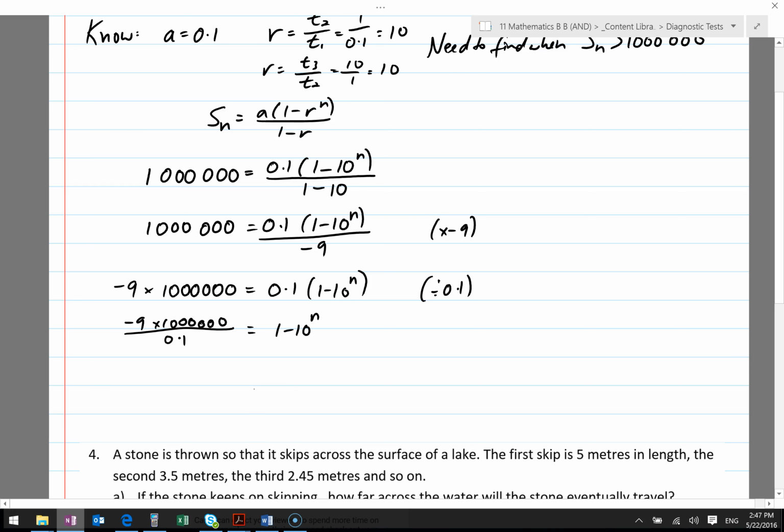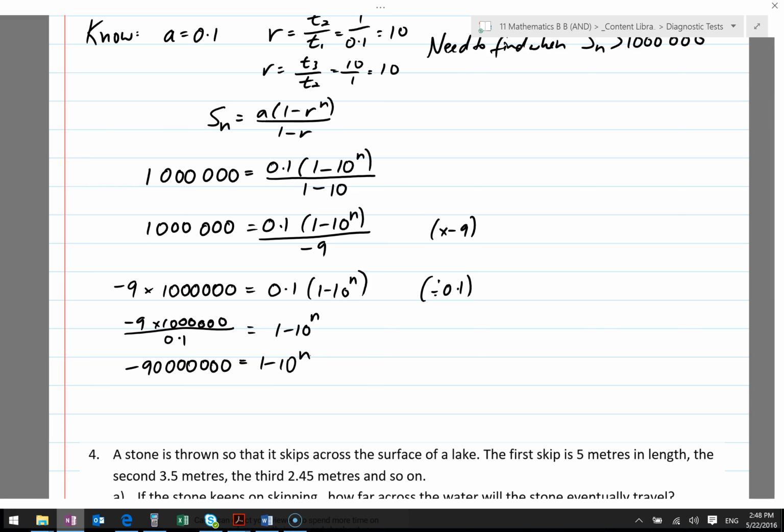Okay, so a few more steps to go. I might simplify this thing on the left-hand side, just to make it a bit easier to deal with. So -9 million divided by 0.1. So I've got -90 million now on this side, equals 1 minus 10 to the power n. I need to get 10 to the power n by itself.